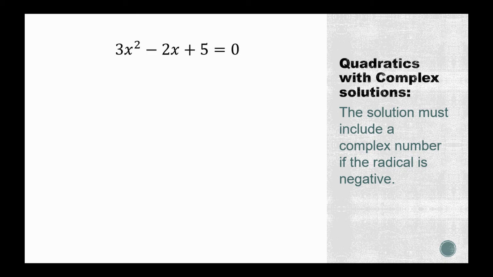Why would I not factor this? For example, why can't I factor it that way? -5 plus 3 is -2. So why can't I just factor this?